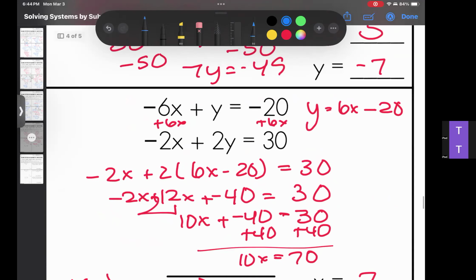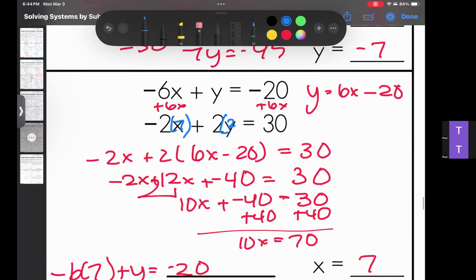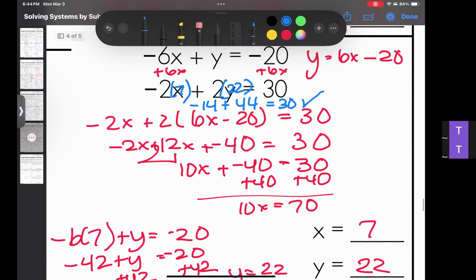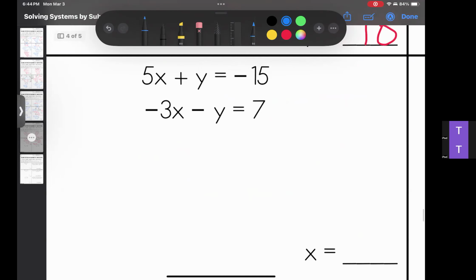So if x is 7 and y is 22. So that would give me -14 plus 44 equals 30, and that does check out. The math is mathing.